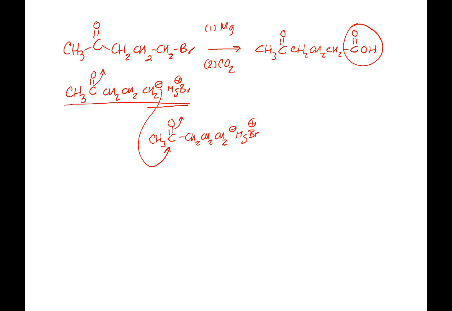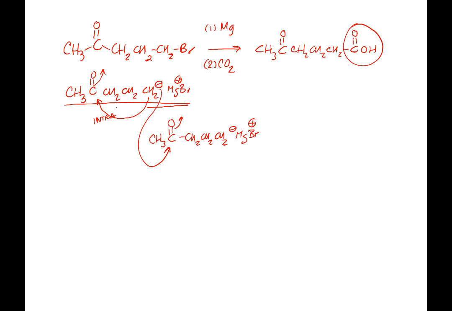I'm confused about that intra. So why would we be doing intra? Well, the intra would make a four-membered ring, and making a four-membered ring is kind of tight in terms of sterics.